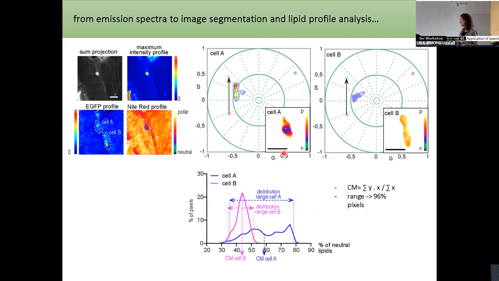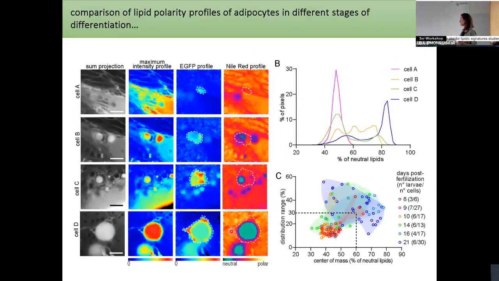Then to analyze and compare between cells, we defined a center of mass for these distributions and also a range. And in that way, we can compare among cells in larvae of different stages.